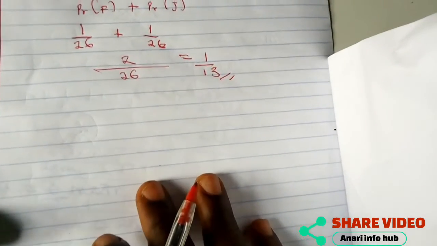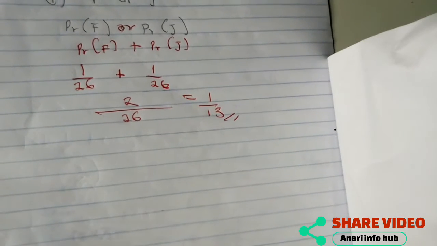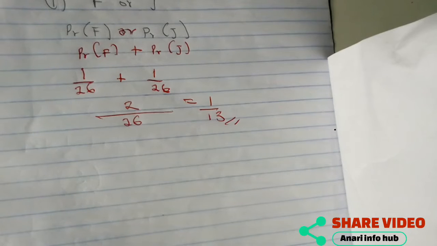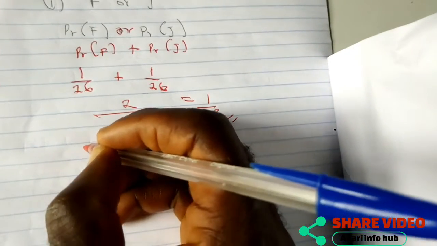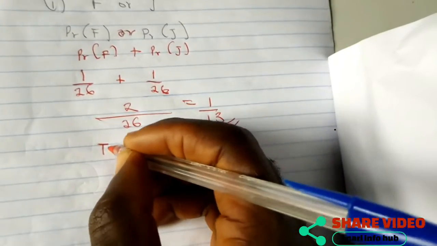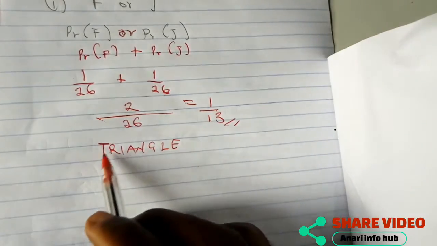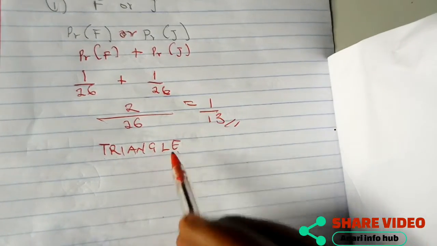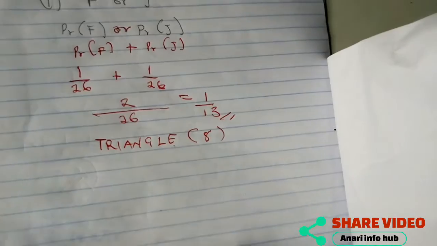Then the next one says that a letter is picked at random, and it could be one of the letters of the word triangle. Now we know that triangle is spelled T R I A N G L E. So we have 1 2 3 4 5 6 7 8, eight letters in total.